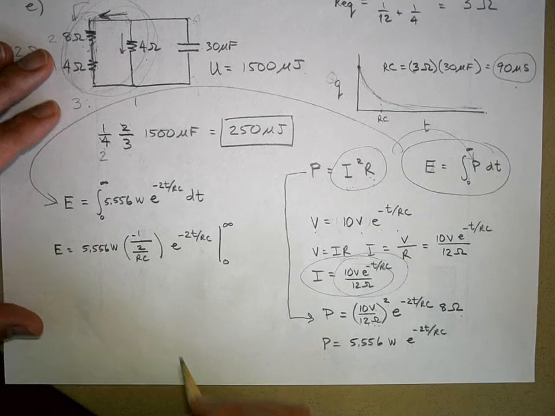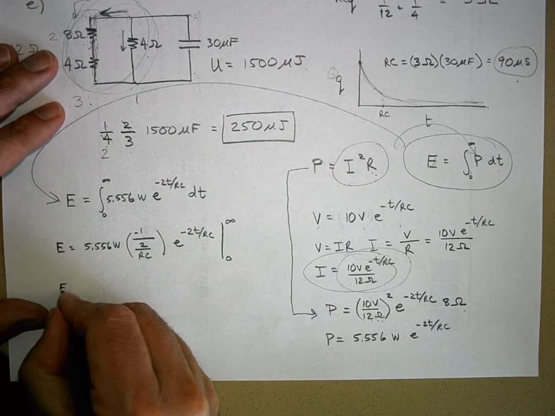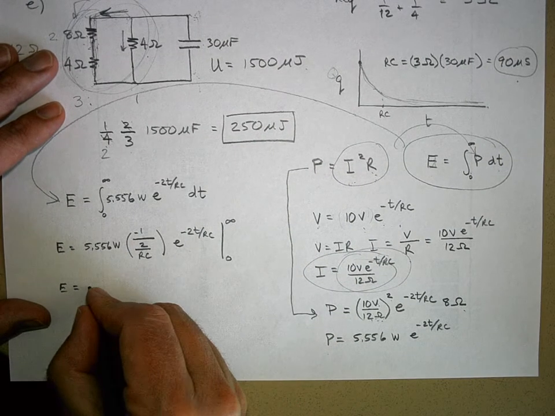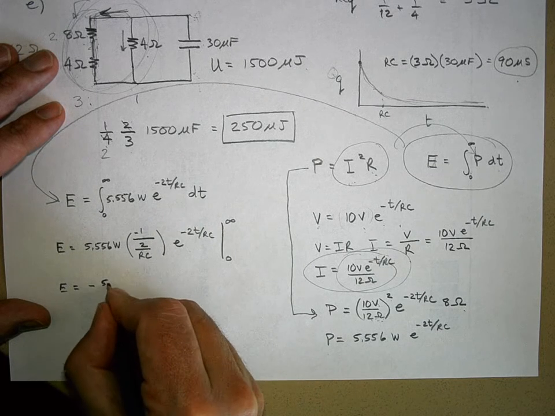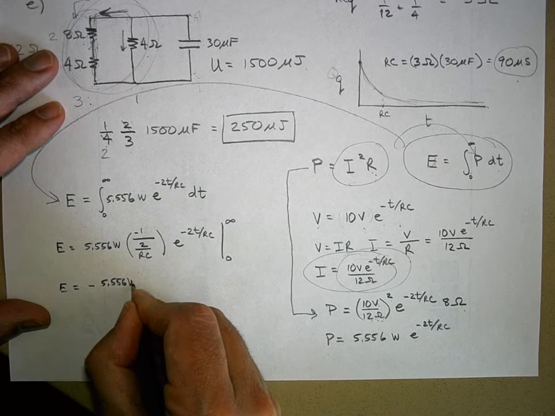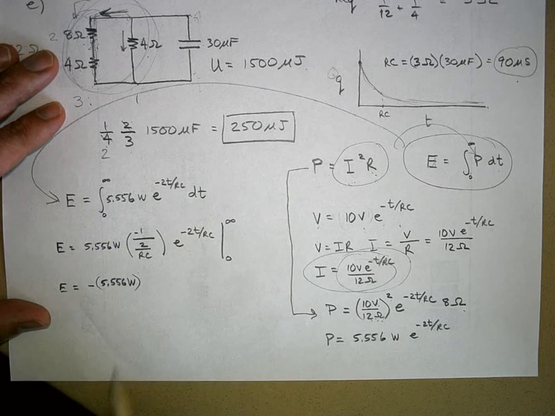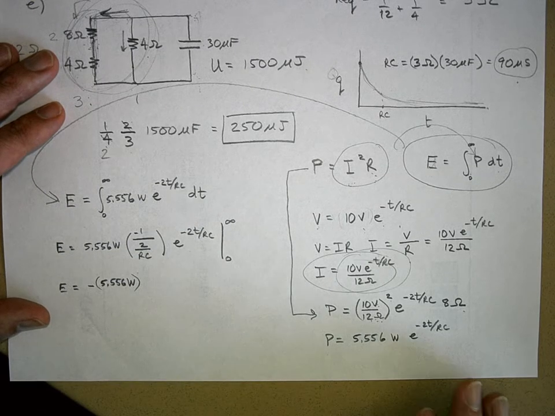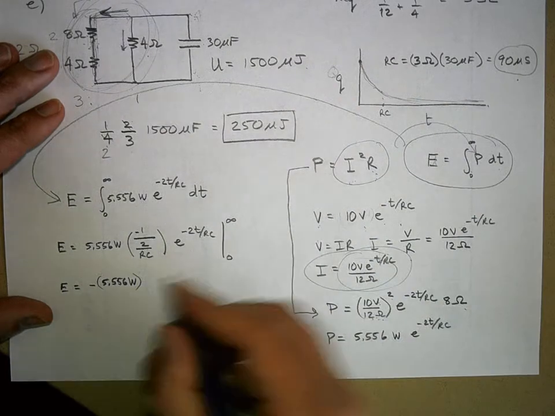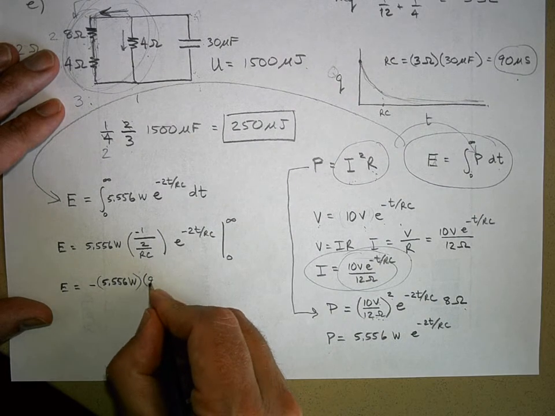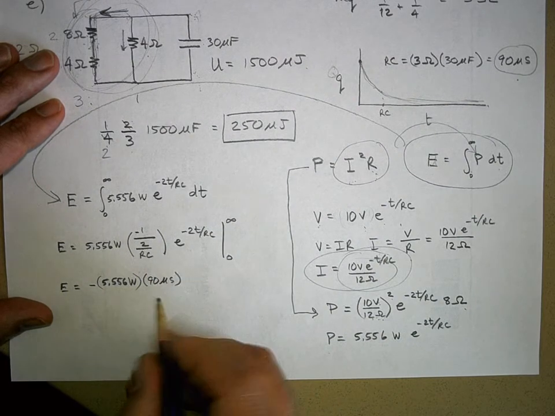So now let's do this. E is equal to negative, here we have the negative, 5.556 watts. I think you can see now why I would skip this problem if this was on the AP test. Times RC. What is RC? It's 90 microseconds divided by 2.